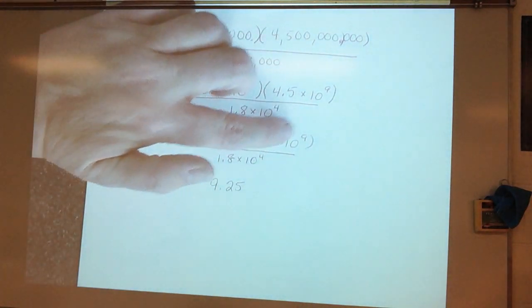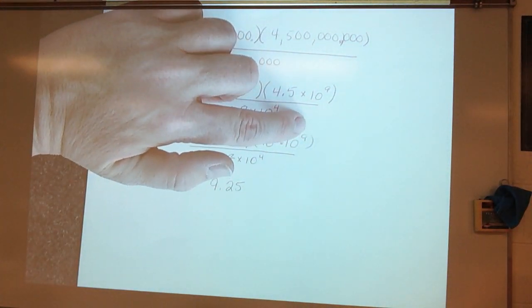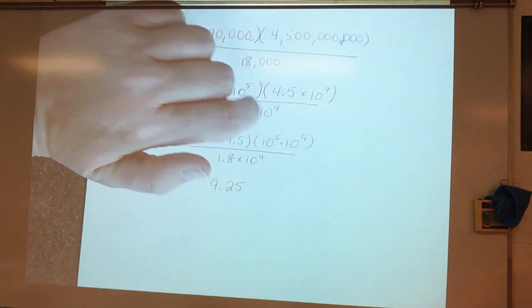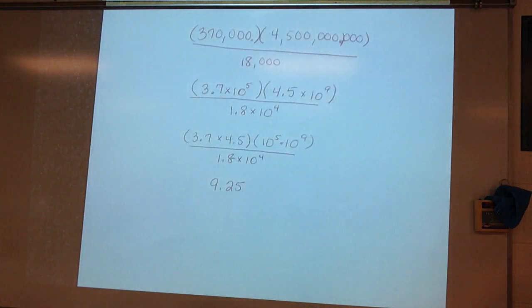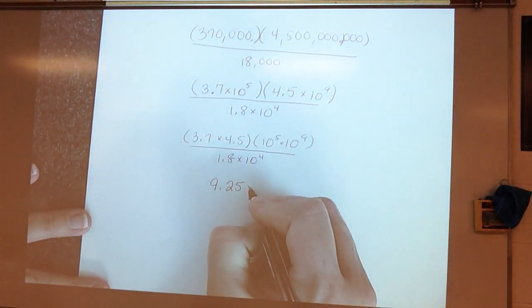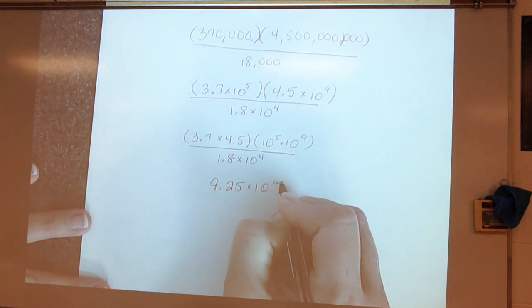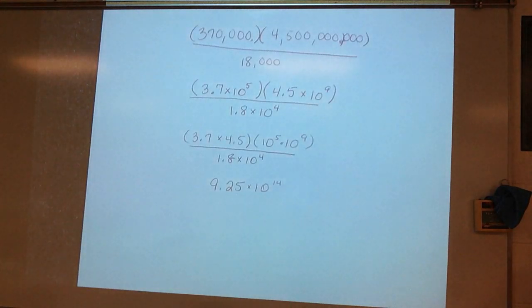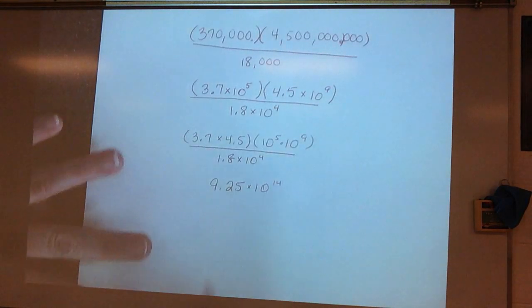All right, I've got 10 to the 5th times 10 to the 9th. If you remember, because I've got like bases, I can add those. So I've got 10 to the 14th. Okay.